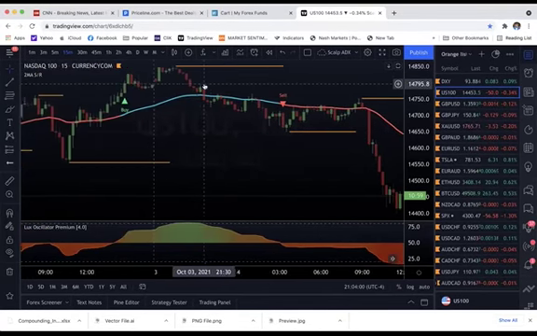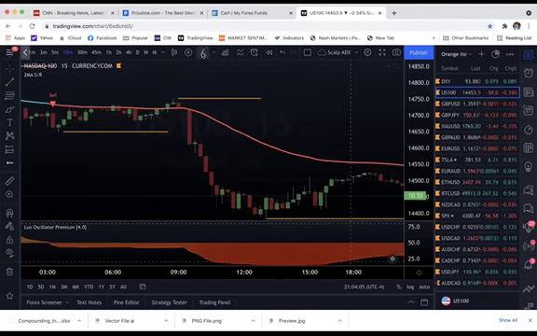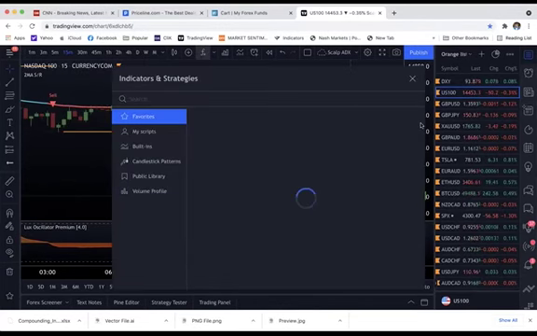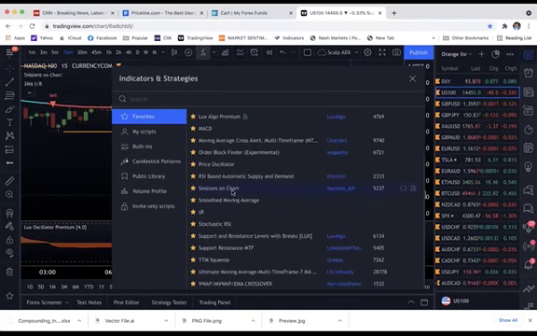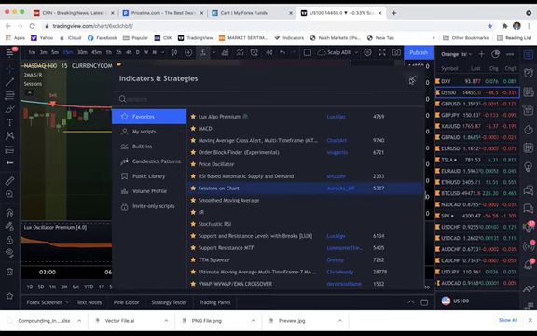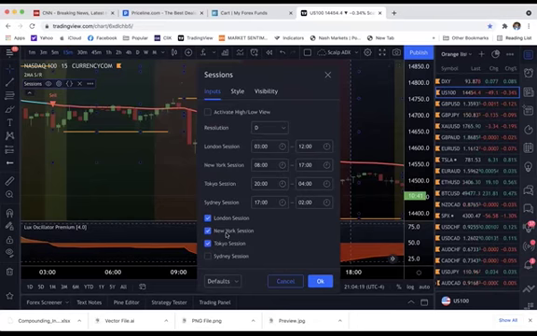This is NAS. What you want to do is go to the thing called sessions on chart. I don't know if y'all remember me showing it before. Sessions on chart, and you just want to show New York and London.